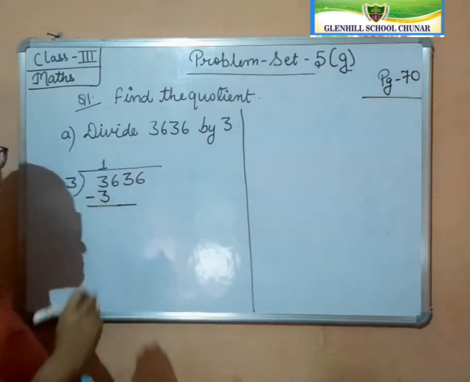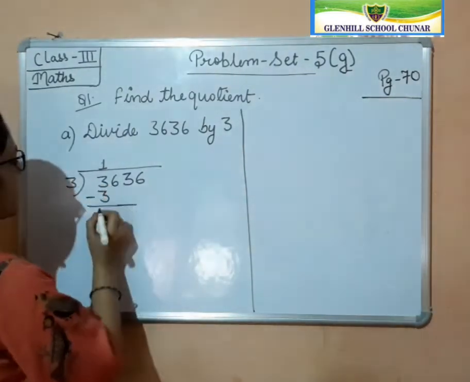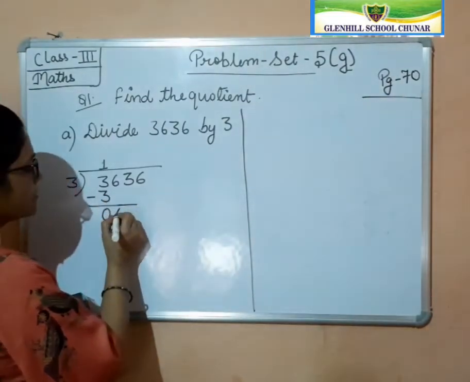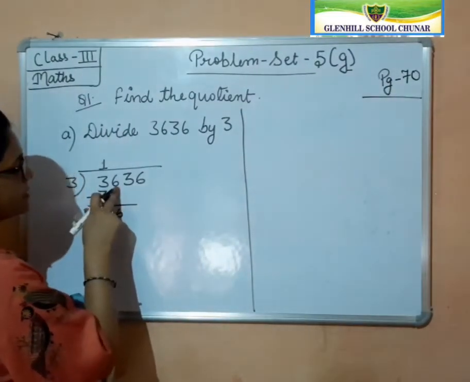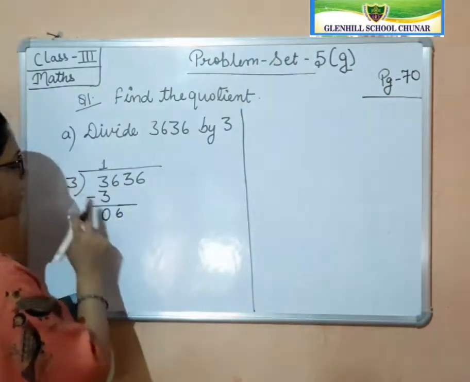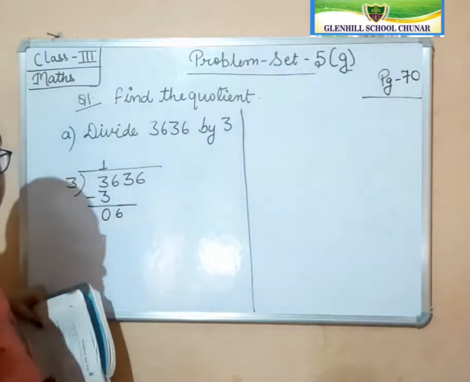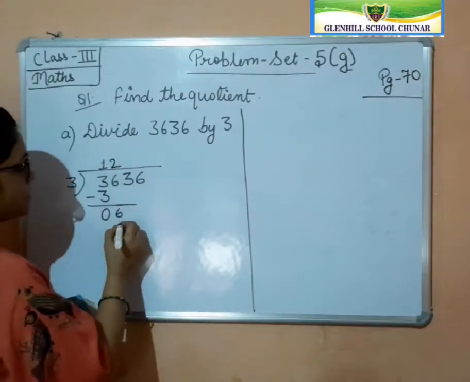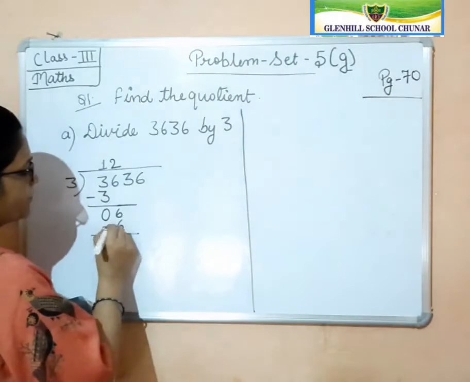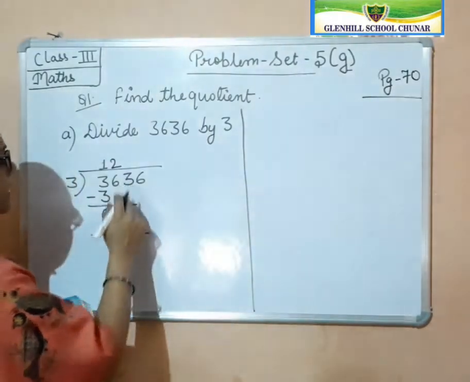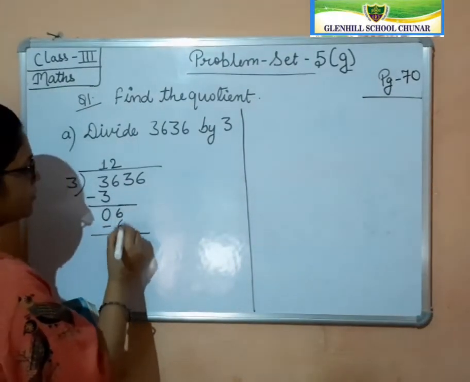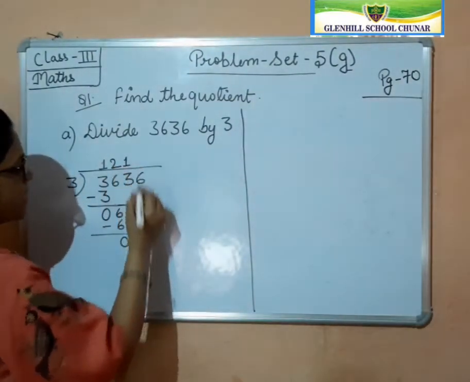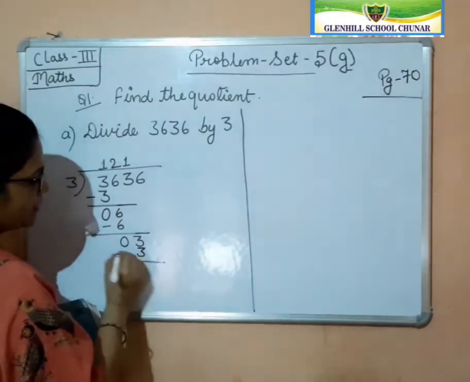Now minus. So 3 minus 3 comes 0. Now 6, again 6 is there after 3, so 6 I have written. Now in 3's table, 6 comes in how many times? In 2 times. 3 twos are 6. Now again 3, 6 minus 6 is 0. Again 3, 9 in 3's table, 3 comes in 1 time.